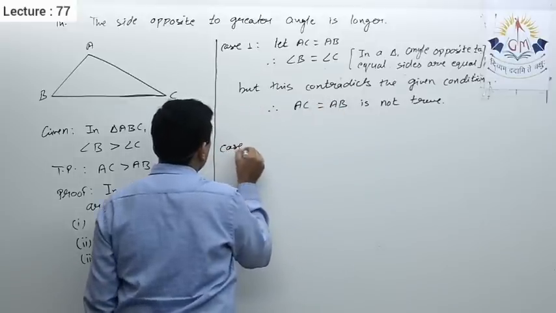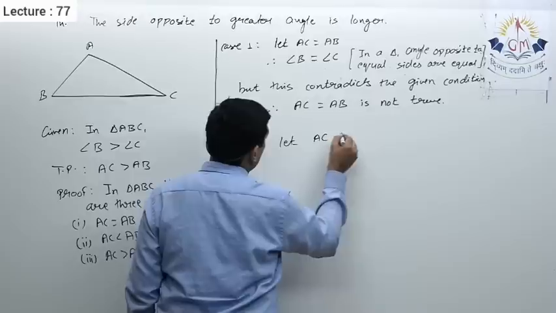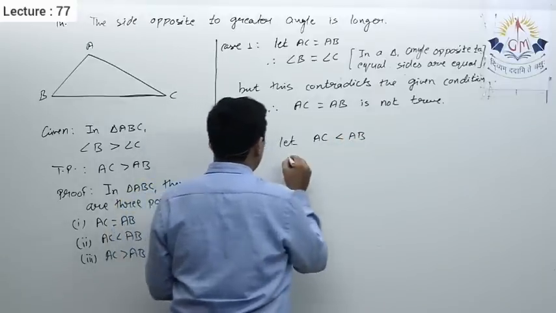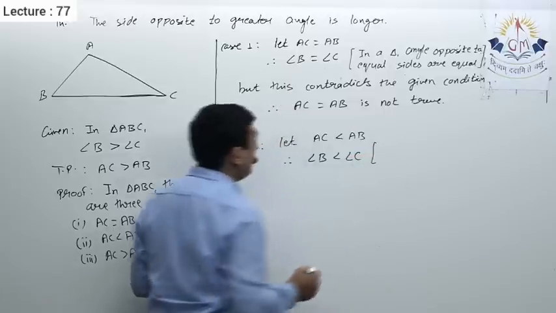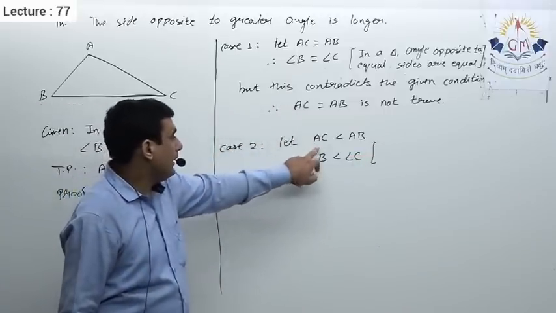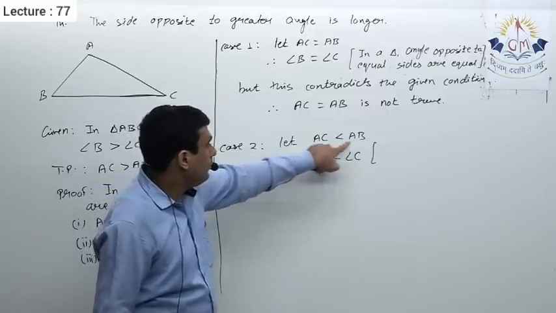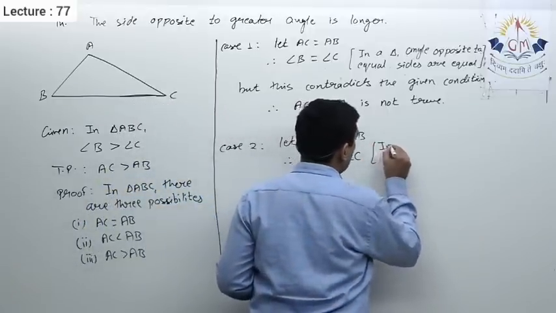Now case 2: let AC be less than AB. Therefore angle B is less than angle C. Why? We know as per the previous theorem that in a triangle, the angle opposite to the longer side is greater.